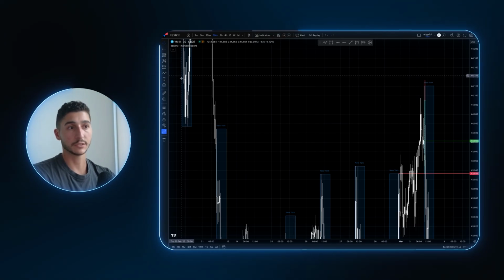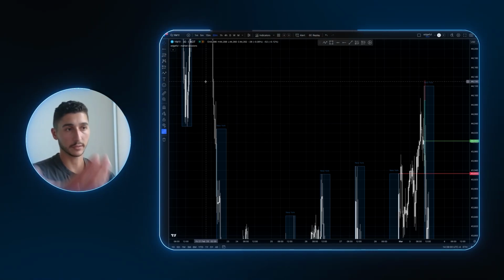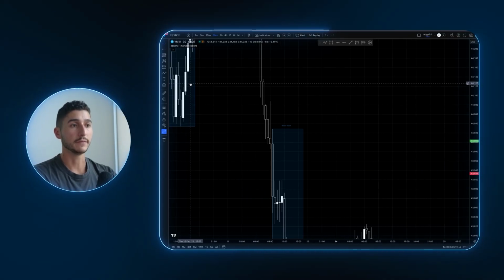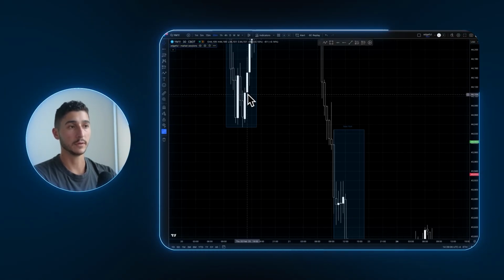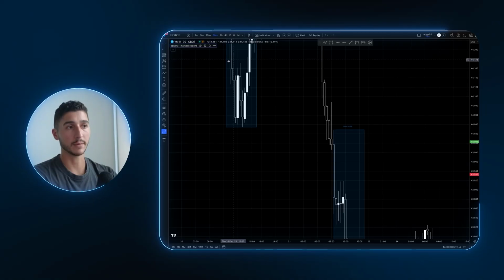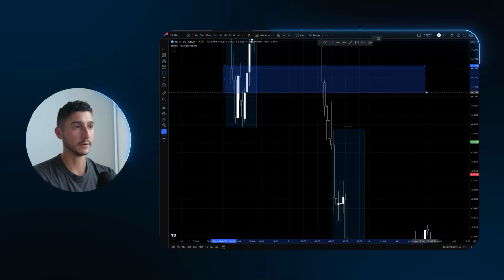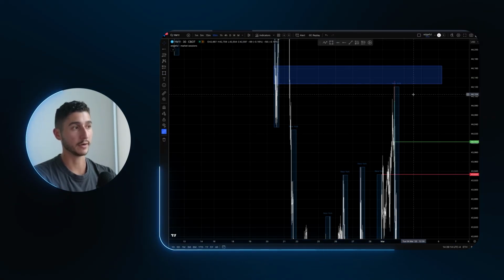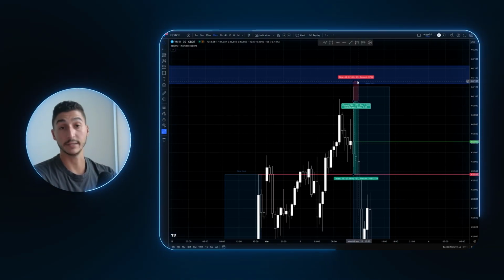In this case, I'm obviously trying to find an example in hindsight, but if there is some level of demand or some zone here that would coincide with a stop loss in this area, that would be a great ideal situation.